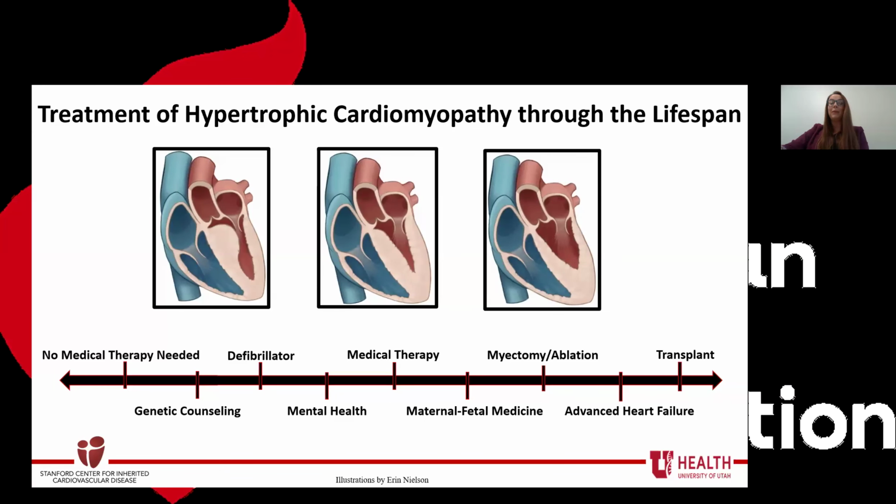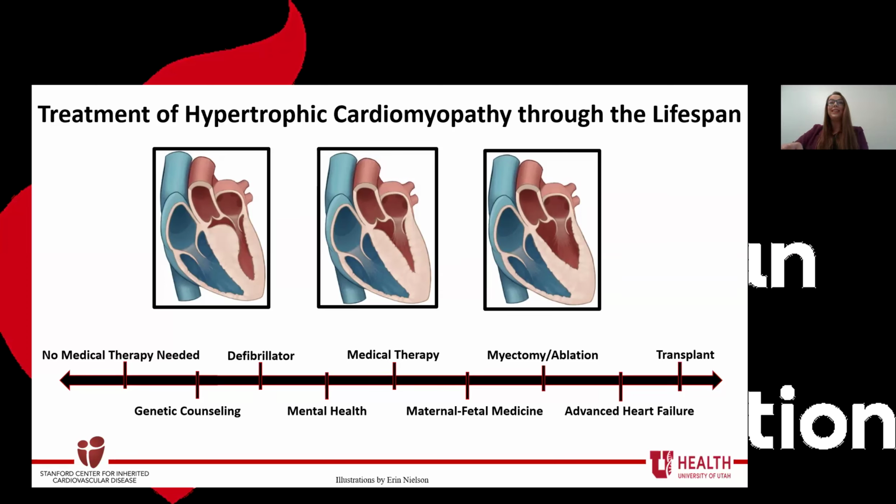So hypertrophic cardiomyopathy comes in, for the colloquial phrase, many shapes and sizes. Every patient's a little different with their presentation. Every patient is a little different with the treatment that they need. And this is a lifelong thing, and it can happen at any point. It can develop at any point during life. So there's a large spectrum of treatment needs for patients with HCM, from patients who do really well and don't need any therapy, to patients who need surgical approaches, and people who even need transplantation.